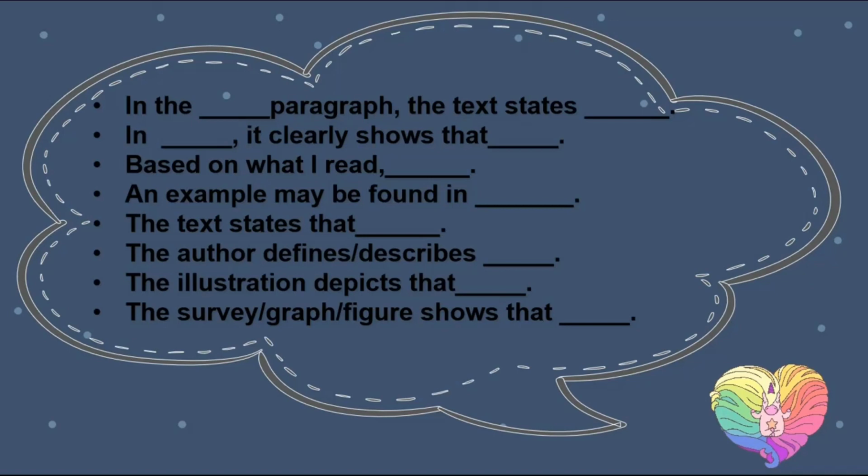In the first, second, or third paragraph, the text states. In the text, it clearly shows that. Based on what I read. An example may be found in the text. The text states that the author defines or describes. The illustration depicts that. The survey, graph, or figure shows that.